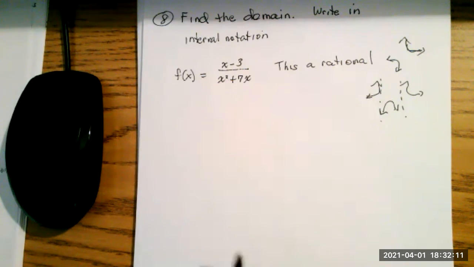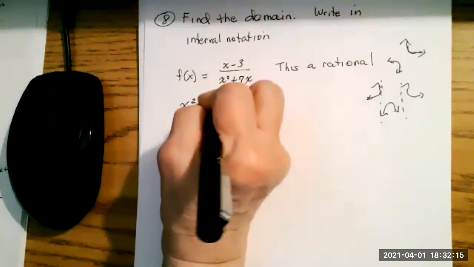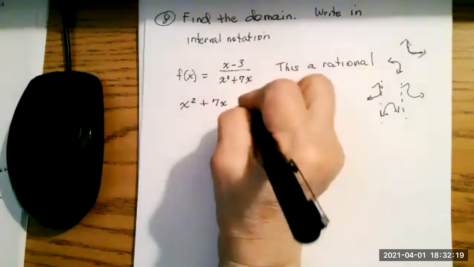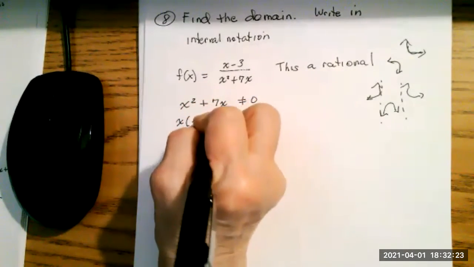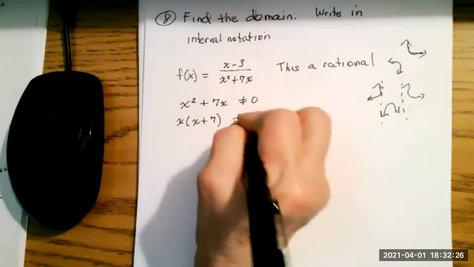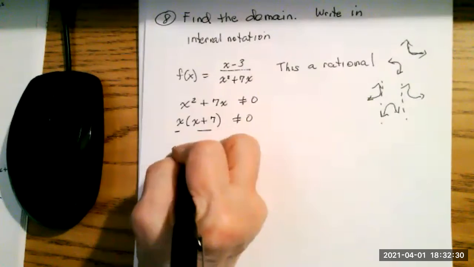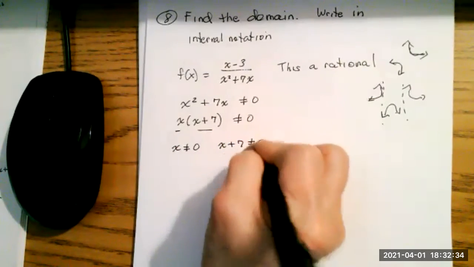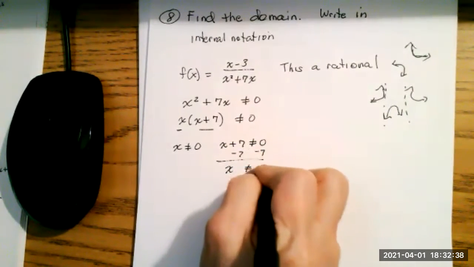So the way you set this up is you take your denominator, the x squared plus 7x, and you set it not equal to 0. Factor out an x. Set each one of these little things not equal to 0. So x cannot equal 0, and x cannot equal -7.